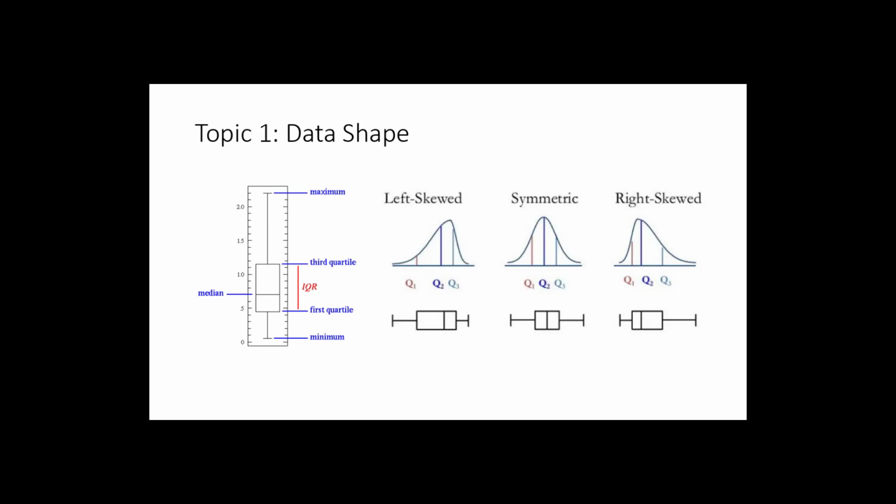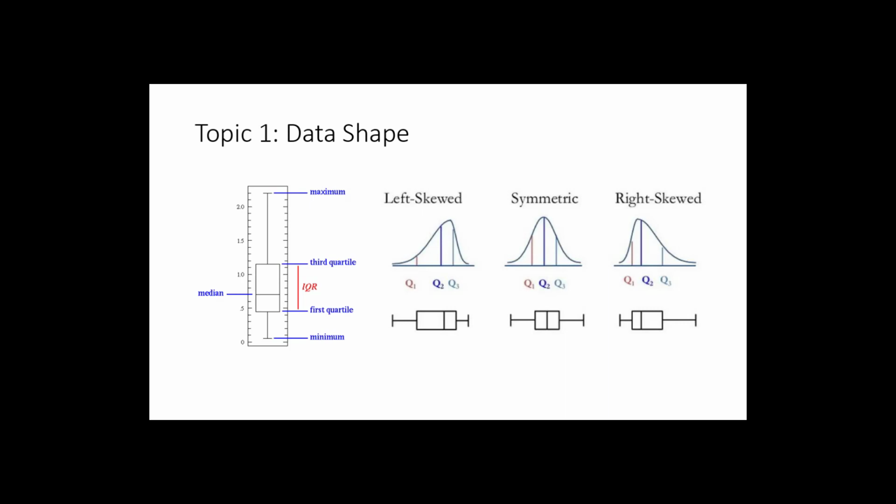And then the bottom of the box is what's called the first quartile, which essentially means the 25th percentile of the data. That means 25% of the numbers in that data attribute are smaller than that point, and 75% of them are bigger.